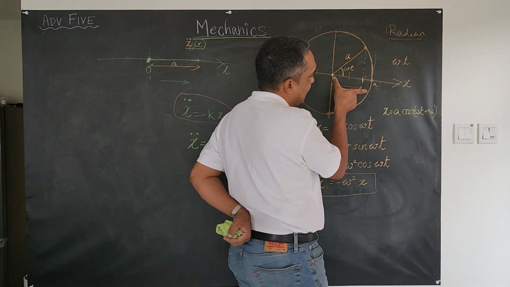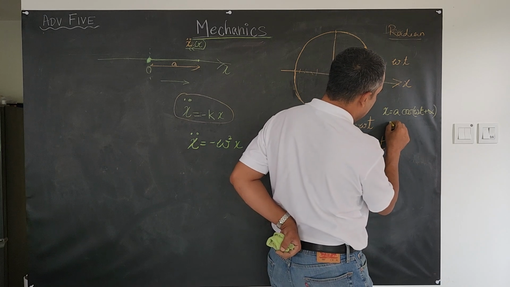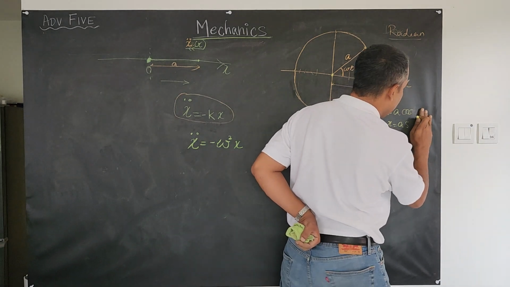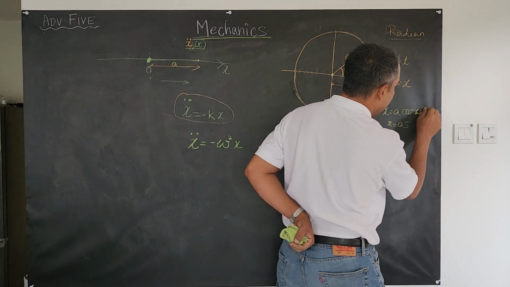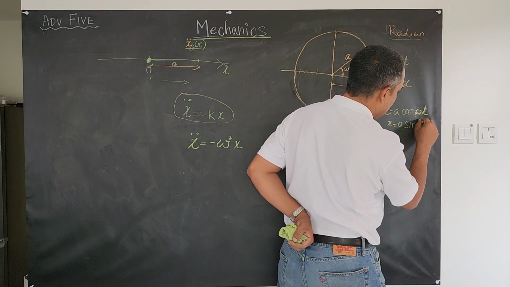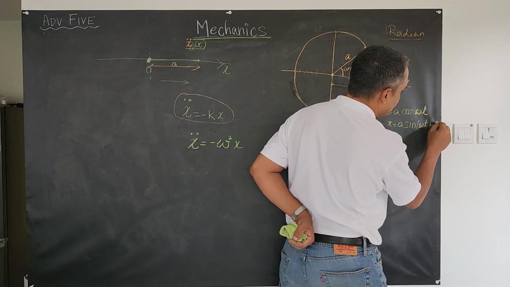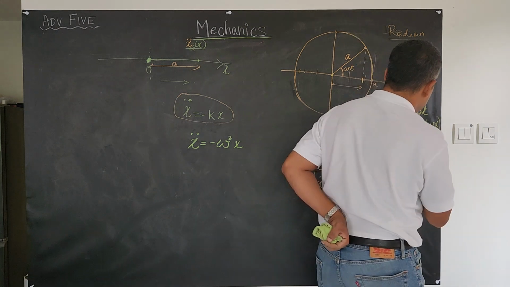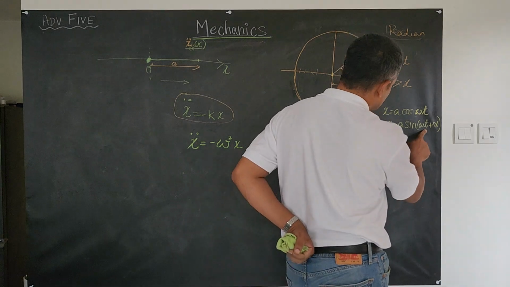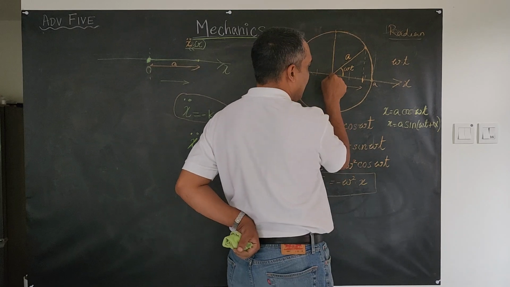Could I write this as x is equal to a sine of omega t plus some alpha? If I reset it like this, what would happen? If time is 0, sine 0 would be 0 with alpha is 0. So I start here.